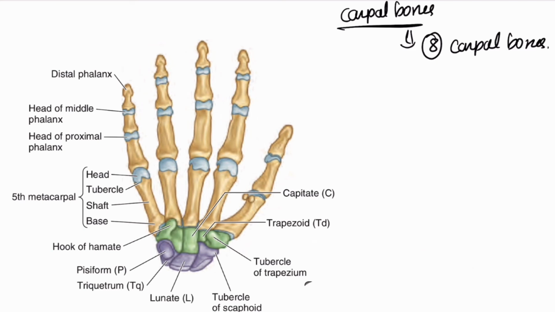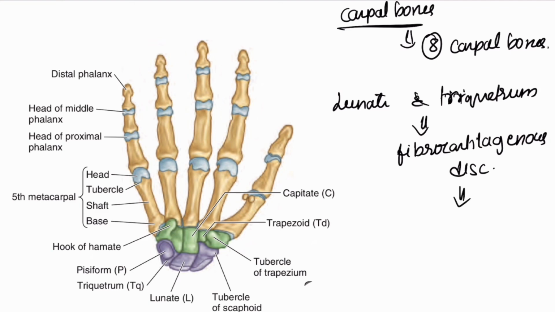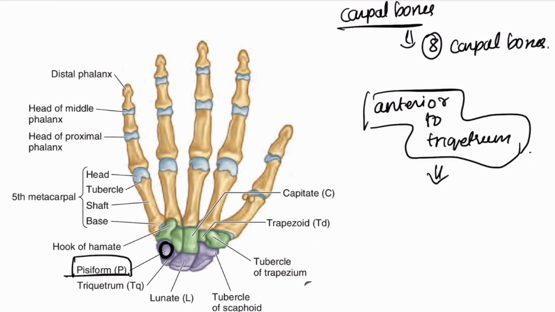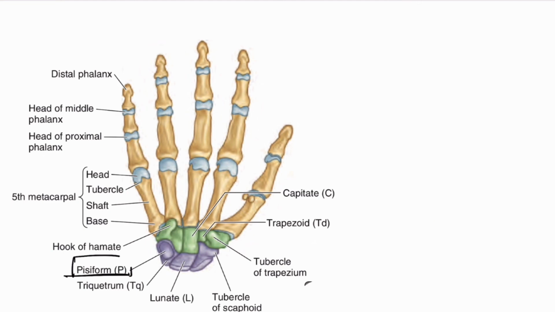And there is a fibrous disc between the lunate and the triquetrum, that is the fibrocartilaginous disc, which separates these lunate and triquetrum bones from the ulna. We have the pisiform bone here. This is the pisiform bone, which lies anterior to the triquetrum bone. This pisiform bone cannot be seen on the posterior view. And that's all about the carpals.